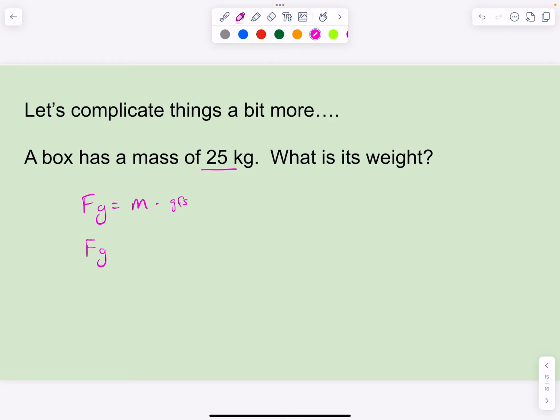So our weight of an object in this case would be 25 times 9.8, meaning that our object is going to have a weight of 245 newtons of force. That's our Fg in this case. So let's keep this number in mind as we move on to the next step. That's the first thing. I have an Fg value.